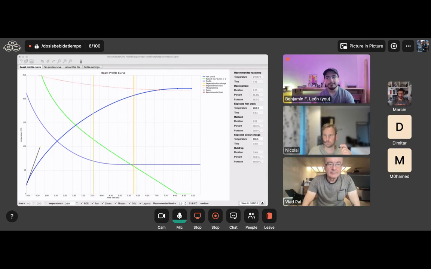So I have found, and I agree with the notion, that when you have a smoothly declining ROR curve, you have better coffee. That's related to the vibrancy of the acidity and to the sensation and perception of sweetness.